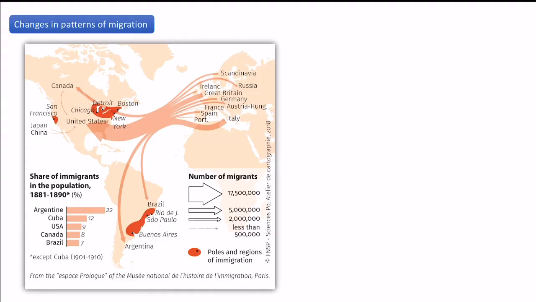So we talk about Brazil having a net migration loss at the moment, but that hasn't always been the case. In fact, in the 19th and 20th century, it was a net recipient of migrants. That essentially means more people are coming into the country than are leaving.